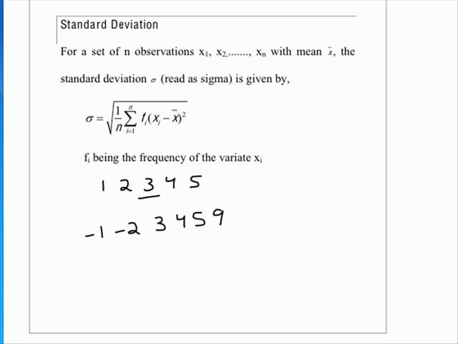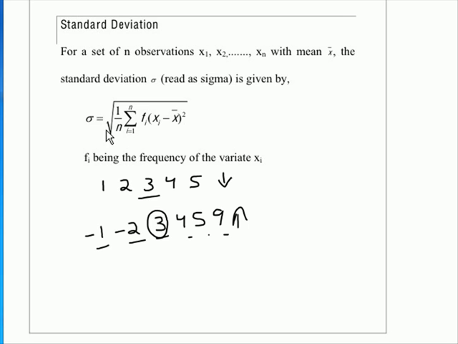So the mean of both is 3, but as you can see, the deviation of the values from the mean 3 for each of the members is much wider here than here. So that roughly is standard deviation in very simplistic terms.